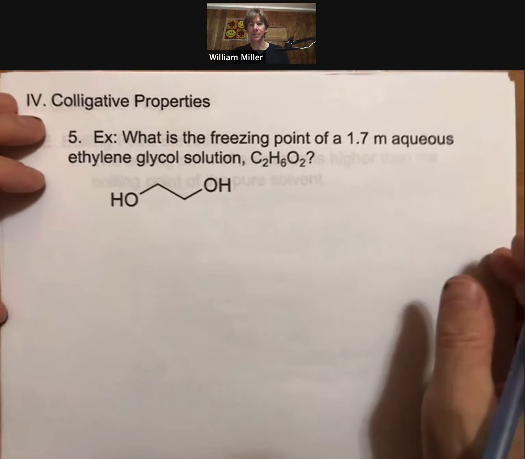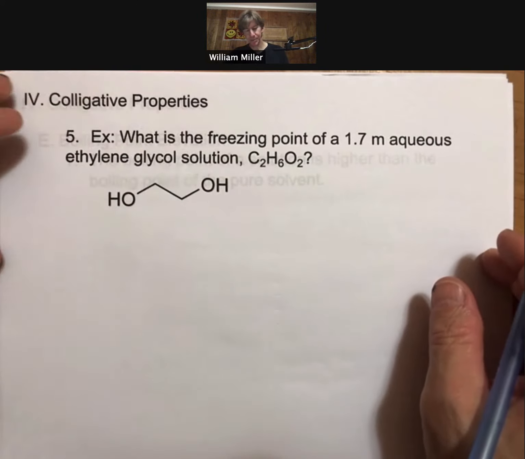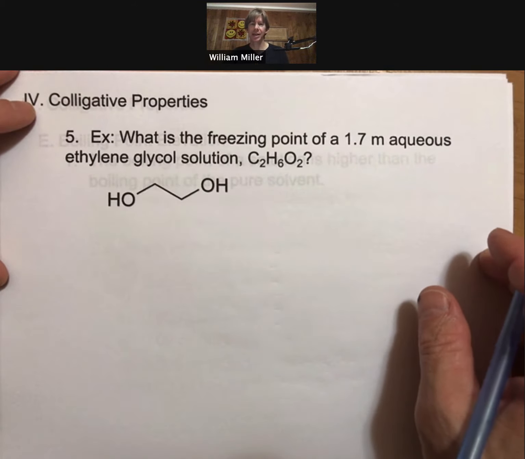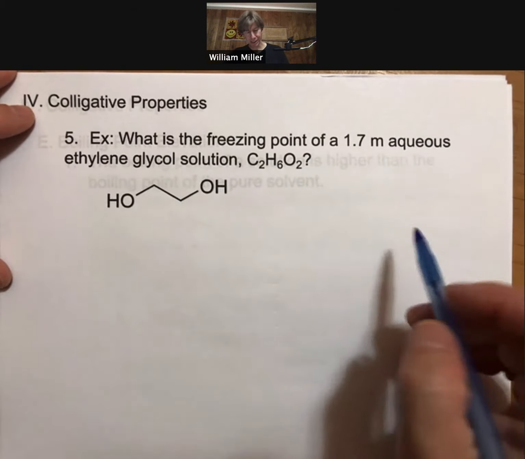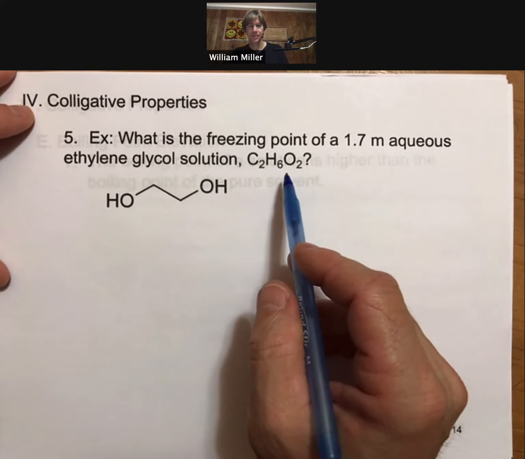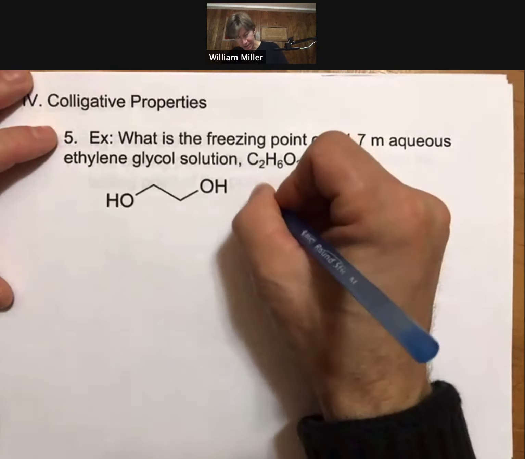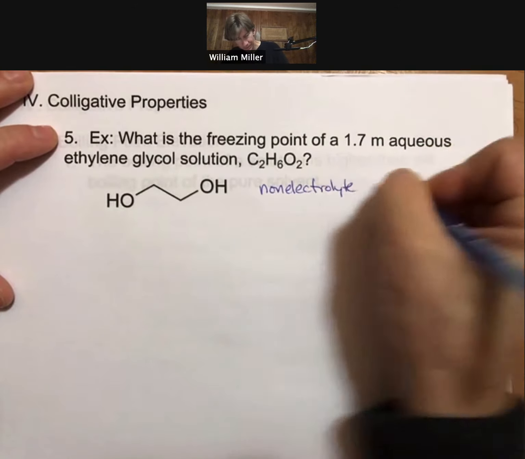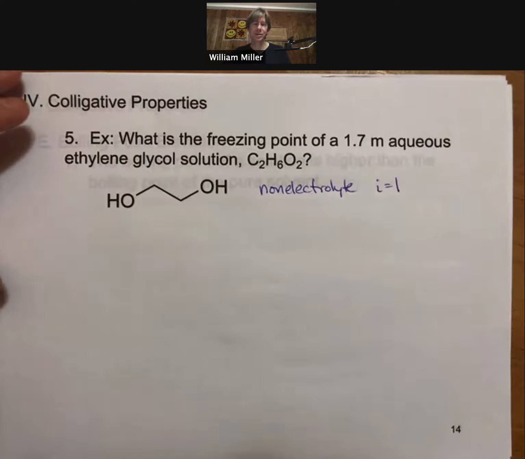For example, and here we're doing freezing point. What is the freezing point of a 1.7 molal aqueous ethylene glycol solution? I look at this, I see a skeletal structure, I see its formula. This is a non-electrolyte. And that allows us to determine that i equals 1.